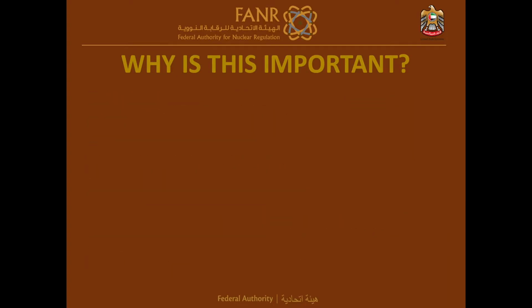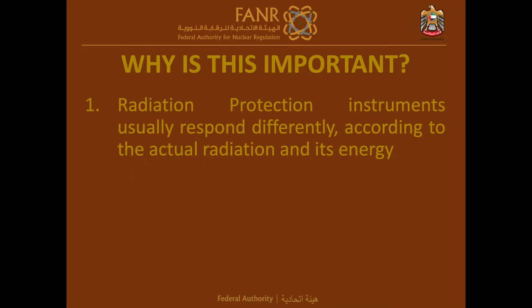Why is all this important? Well, it's important because all the radiation protection instrumentation responds differently depending on the radiation, depending on its energy, and they need to be calibrated in practice by using radiation standards which are as close as possible to the radiation that one wants to measure.